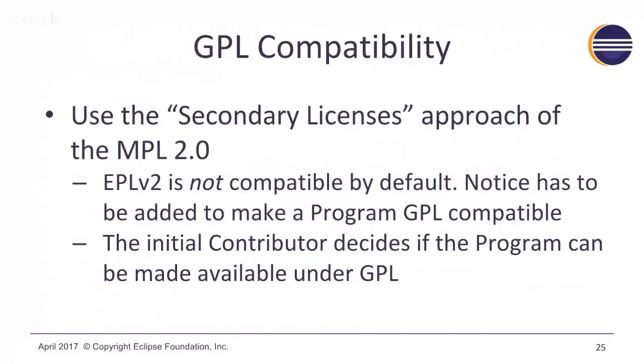The only way to become GPL compatible is to add notices to the code when you first start a new project. So as we move forward, once this license is approved, you'll be able to start a new project doing it this way.